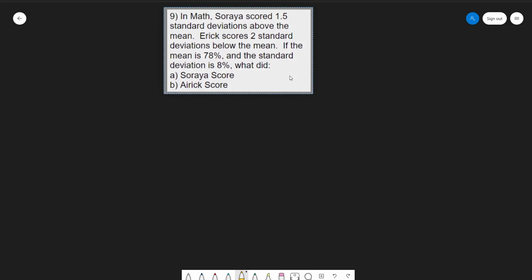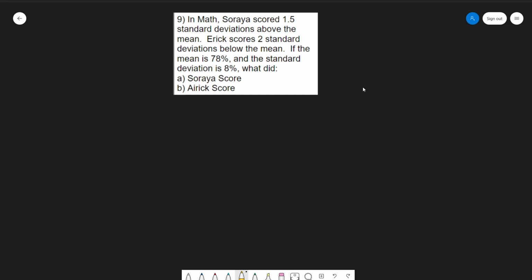So in math, Soraya scored 1.5 standard deviations above the mean. Eric scored 2 standard deviations below the mean. If the mean is 78% and the standard deviation is 8%, what did Soraya score and what did Eric score? So for Soraya, we know the mean for both is 78%.